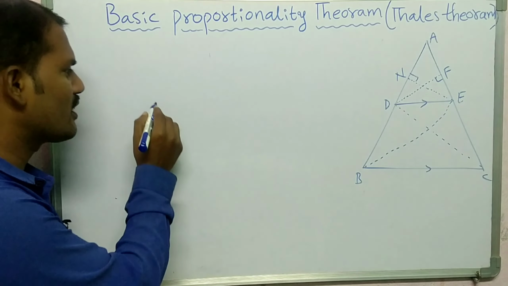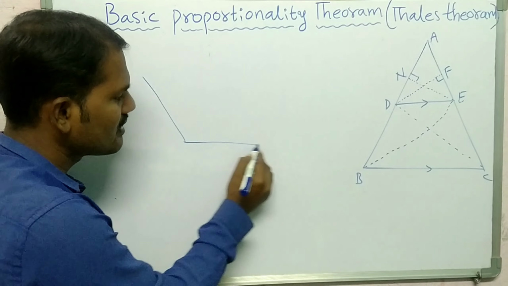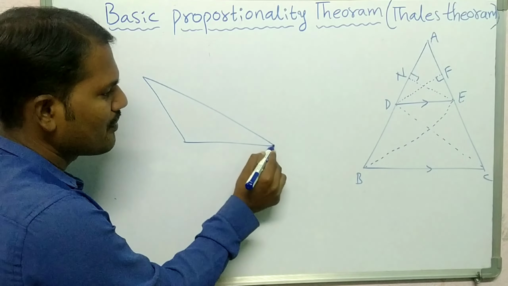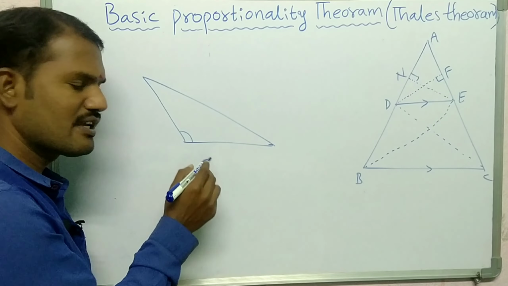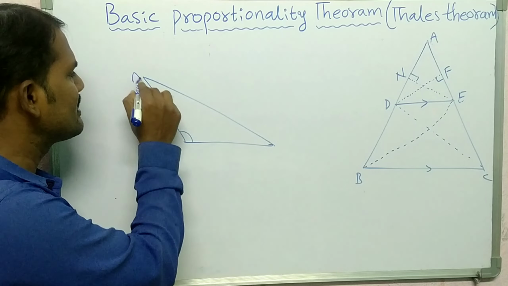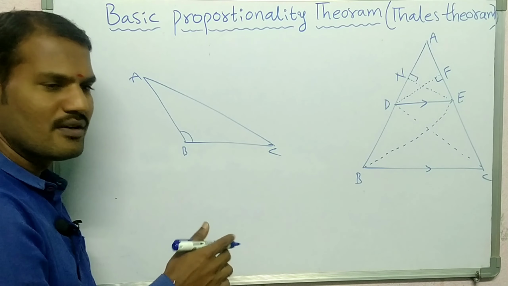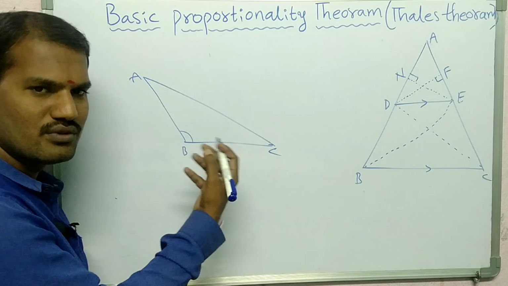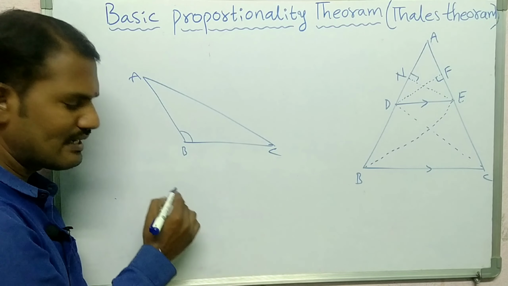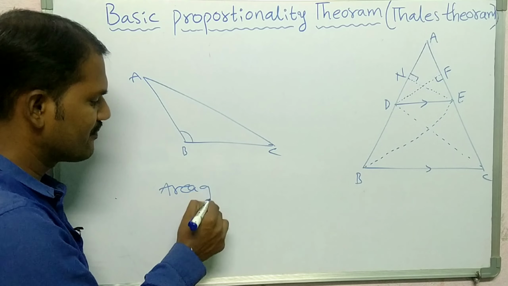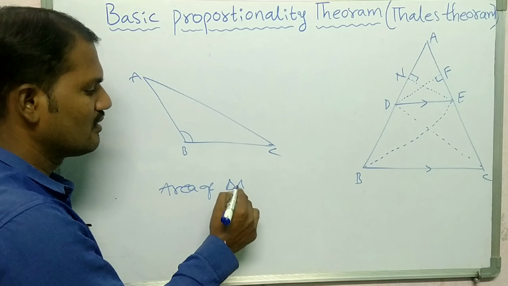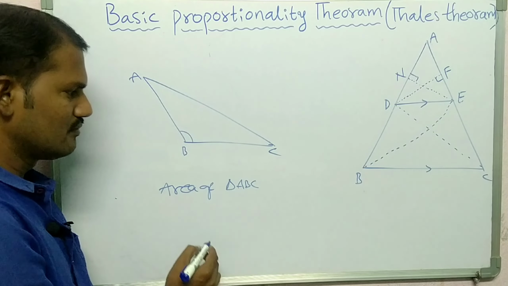And one more thing you have to remember. Suppose this is an obtuse angle triangle. Obtuse angle means more than 90. This is ABC, an obtuse angle triangle. How do we find the area of this triangle ABC?